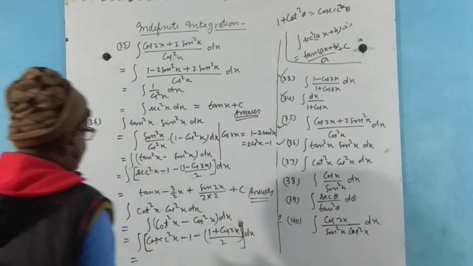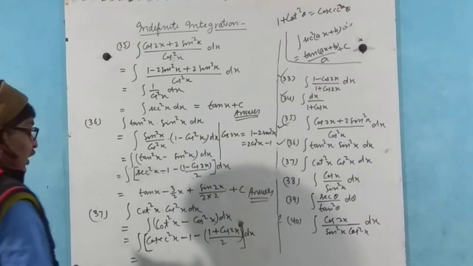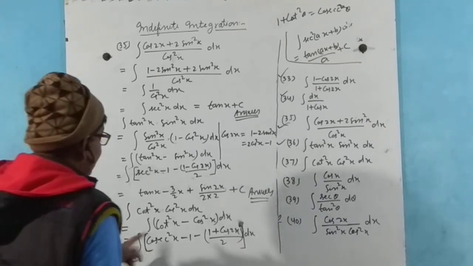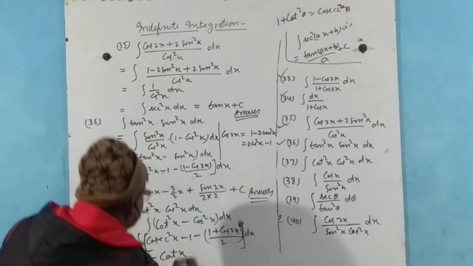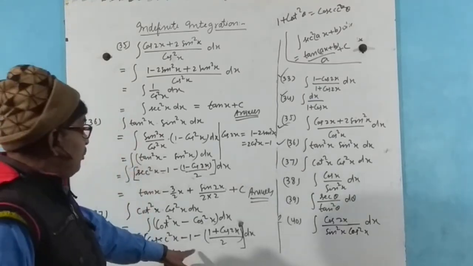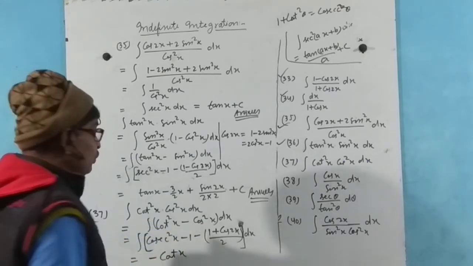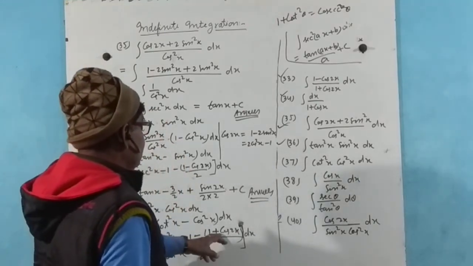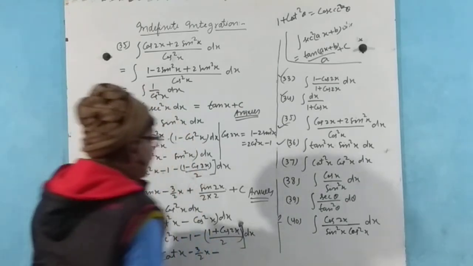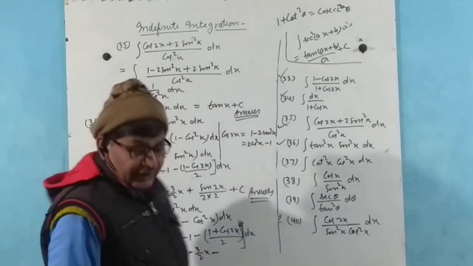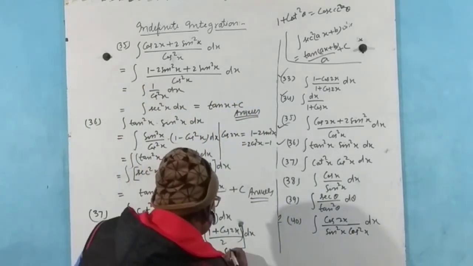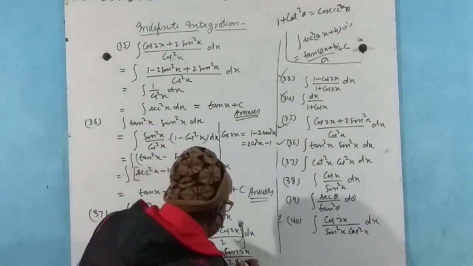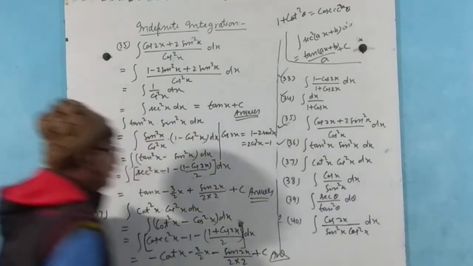the integration of cosec square x, as you know that the differentiation of cot x is equal to minus cosec square x, so the integration is minus cot x, and this is minus half and 1 minus 3 by 2, so this can be written as 3 by 2 x, and minus the integration of cos 2x, that is equal to sin 2x, and 2 already here, divided by 2, and this is the product of 2, plus c, where c is the integrating constant.